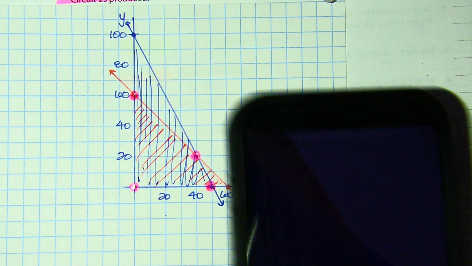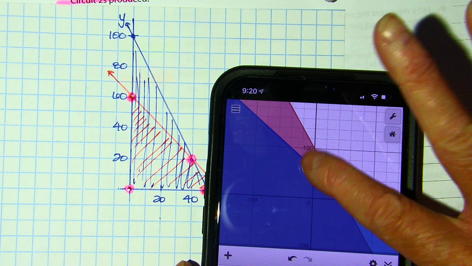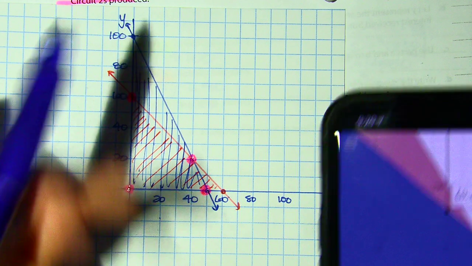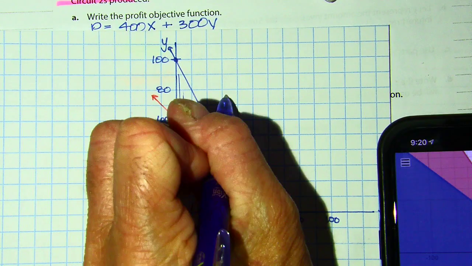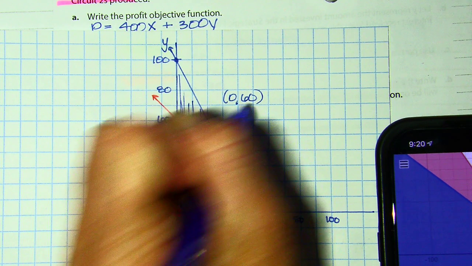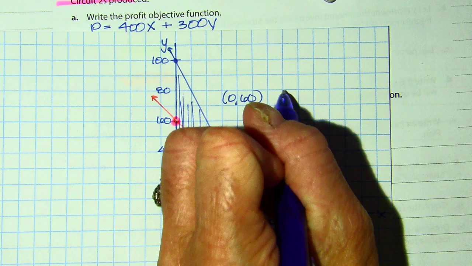Now using your phone or Desmos, you can identify the vertices by clicking on that dot. So this tells me that this point here is 0, 60. This point here, if I click on it, is 40, 20.